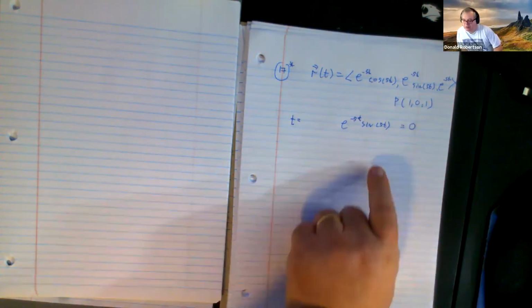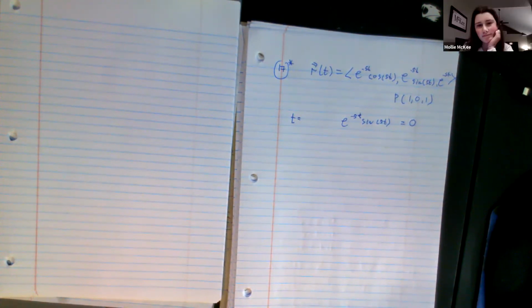Any suggestions for a value of t that would make that happen? 1/5. No, but I know why you chose it. You're thinking make that one. 0, right? Yeah. I want e to the 0 sine of 0 to get you 0.